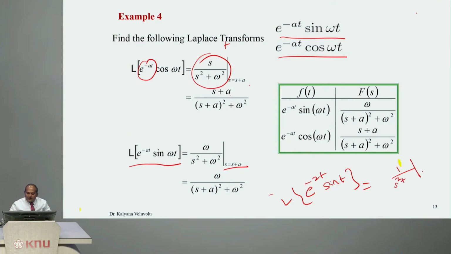Replace s with s plus 2. So when I replace s with s plus 2, I get 1 by (s plus 2) whole square plus 1.